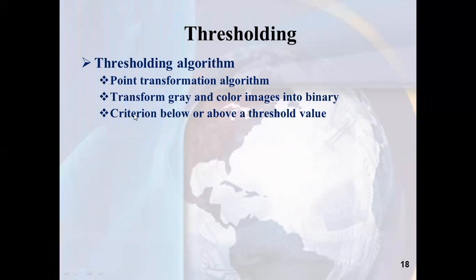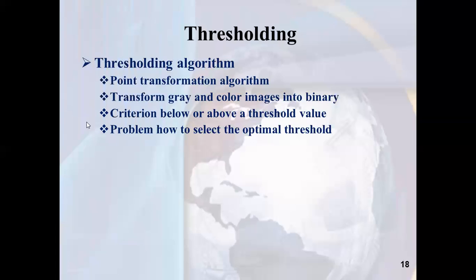So we have to select a criterion, as we said before, which is the value that determines what is the foreground and what is the background. All values below this critical value or threshold value belong to a category of pixels constituting foreground or background, and all the values higher than this threshold value constitute a category of values that represent foreground or background.